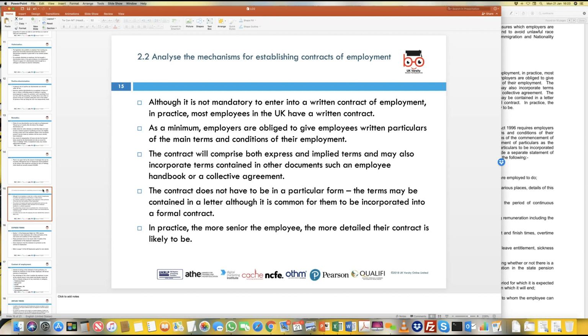Now, sometimes contracts comprise two kinds of terms, and these are called express and implied terms. We will go into the detail of what express and implied terms mean. But when the contract is drawn, the contract basically talks about something which is expressed and something which is implied.